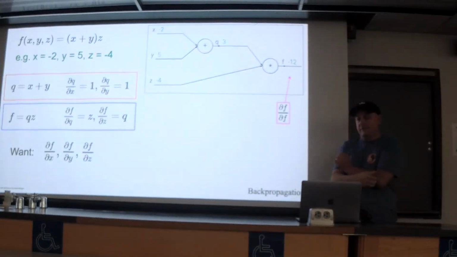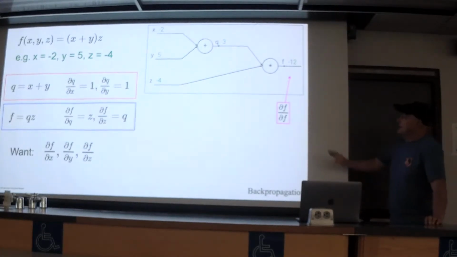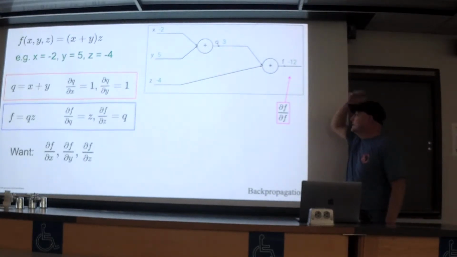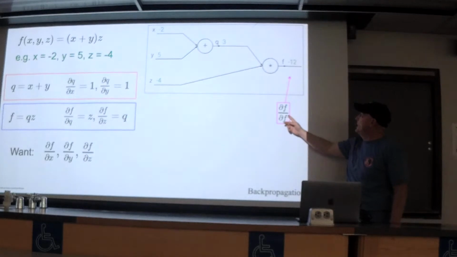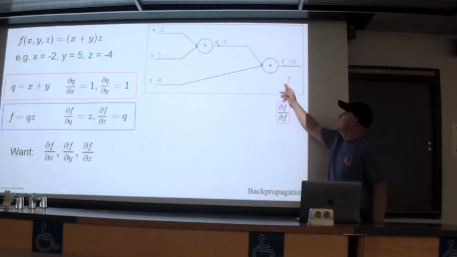Well, you could approach this in a number of ways, but we're going to approach this in the way that the backpropagation algorithm works. It starts at the output, and all along the way I'm going to want to compute the derivative of my output with respect to the input at that stage.